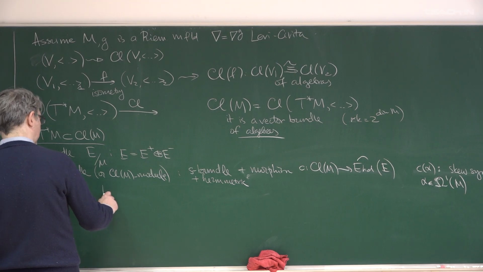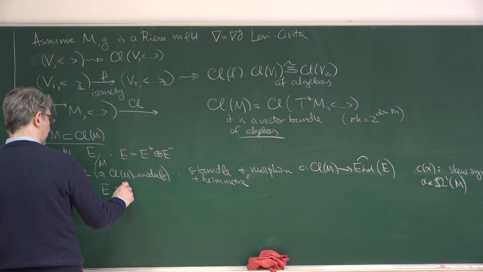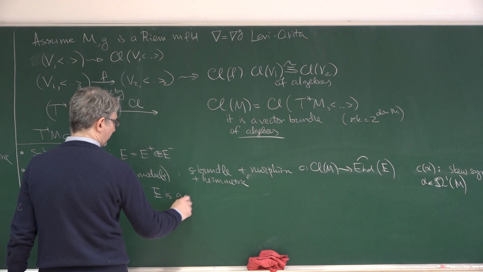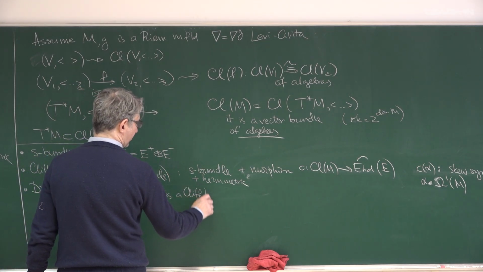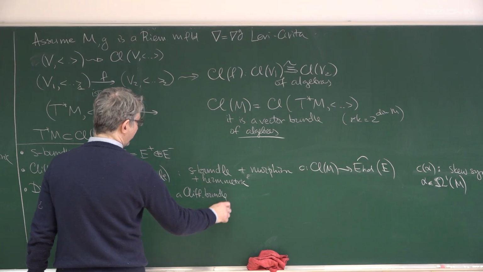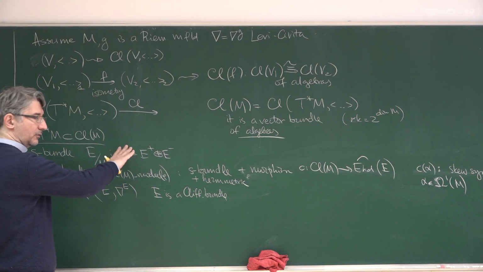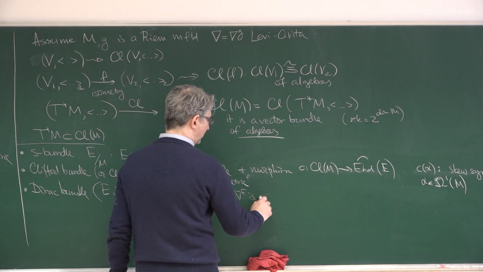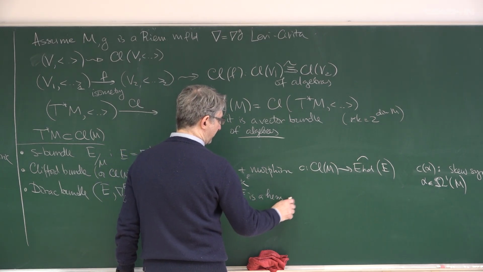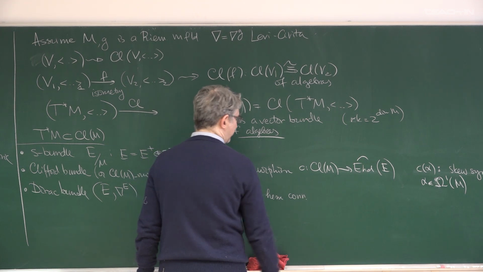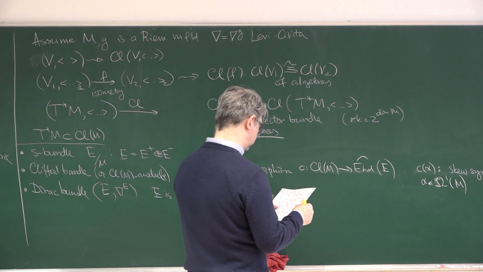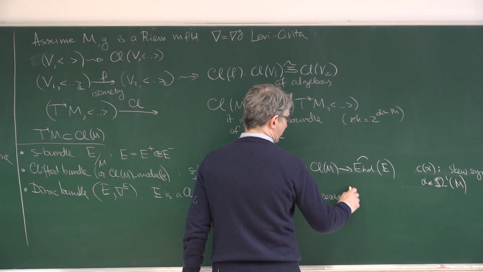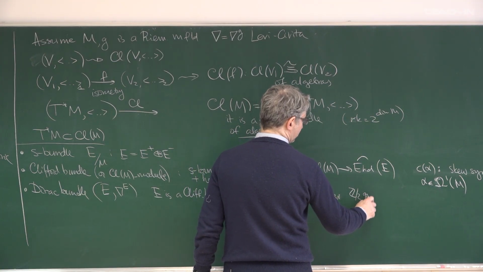So we take E and a connection here. What do we say about this? E is a Clifford bundle, so everything written before holds. Nabla E is a Hermitian connection which preserves the Z2 grading.